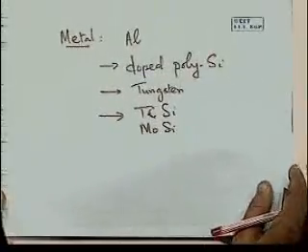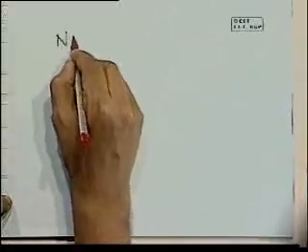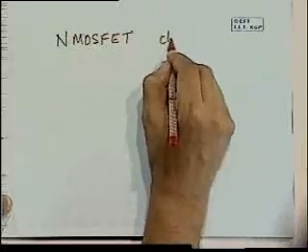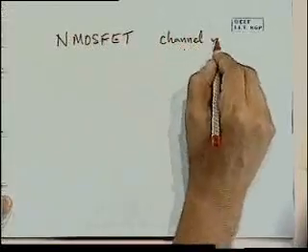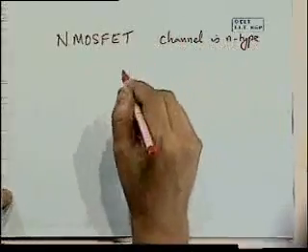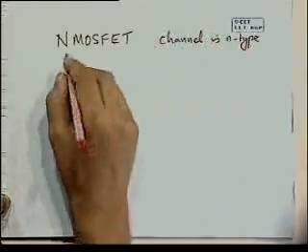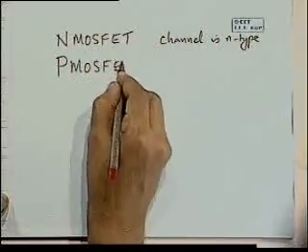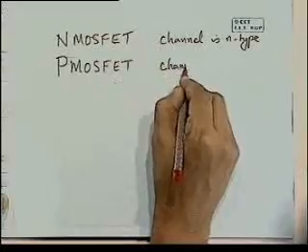Here's a whole bunch of terms that are thrown in the literature. You have N MOSFET when the channel is N. So this is, say, for the depletion type. When we have channel is N, it's called an N MOSFET. It's a P MOSFET if the channel is P type.